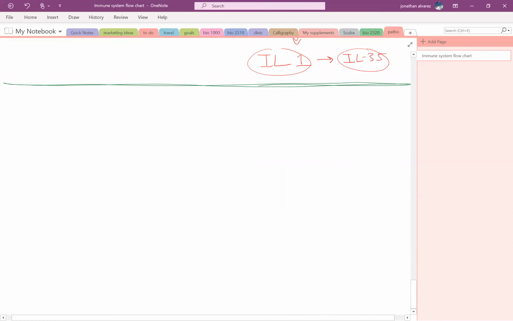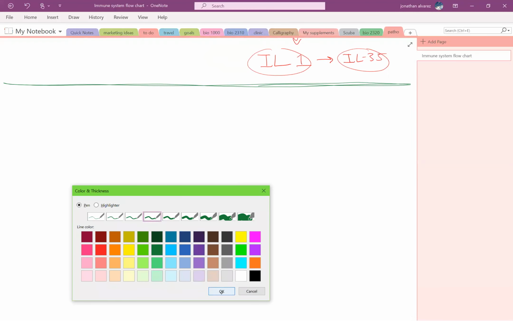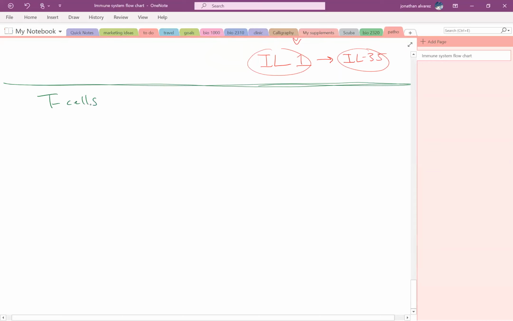Remember, cell-mediated immunity involves the activation of T cells. So where do T cells come from? Earlier we looked at B cells. B cells basically come from the bone marrow. So where do T cells come from?